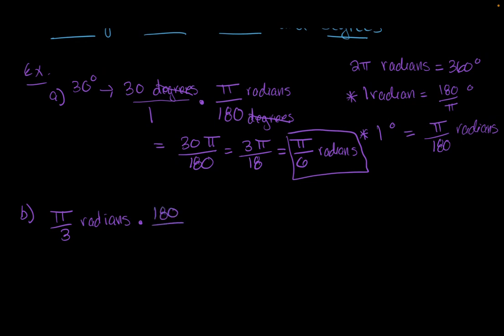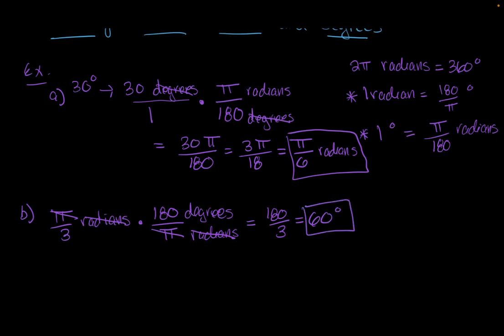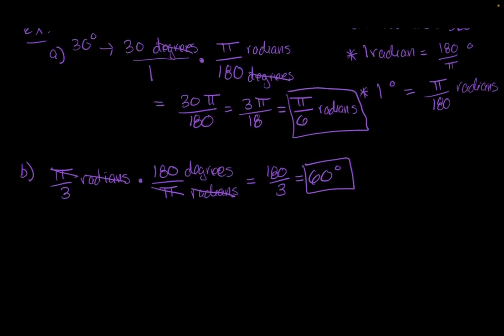So I would do 180 over pi, where this is degrees and this is radians. And I would get that my radians cancel. And you can see that these pi will also cancel. And so I'm left with 180 divided by 3, which is 60 degrees. So 60 degrees is equivalent to pi over 3 radians.